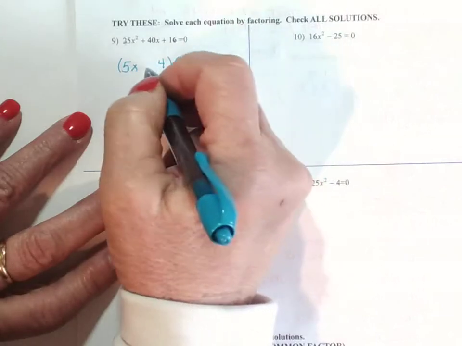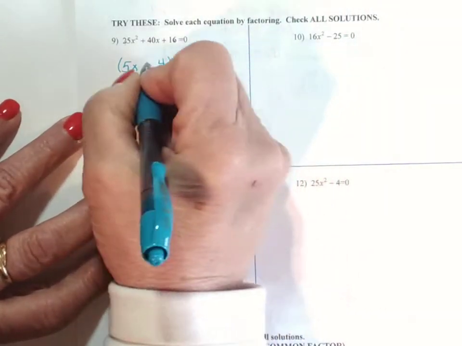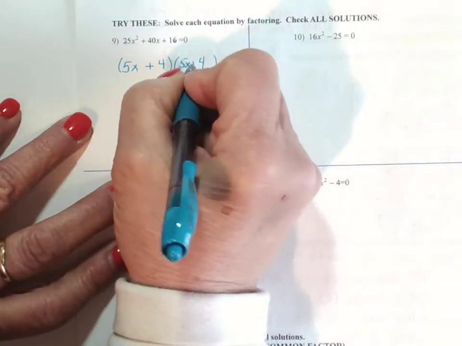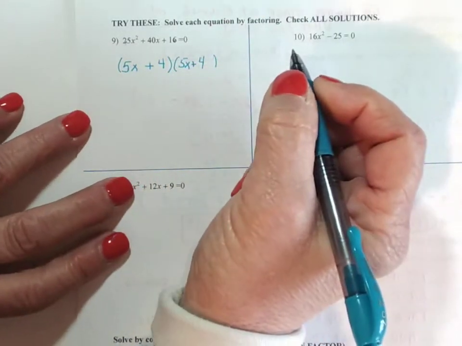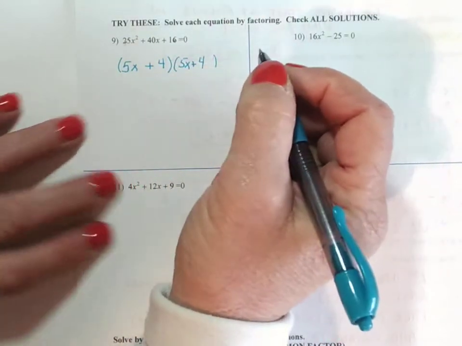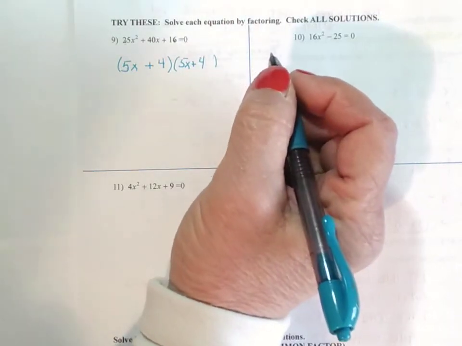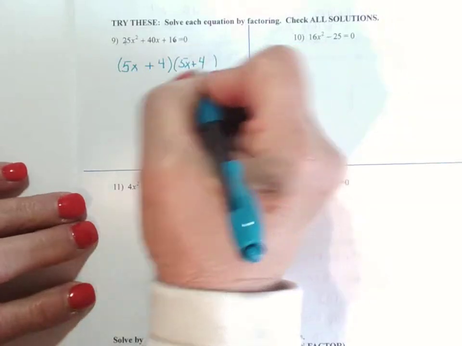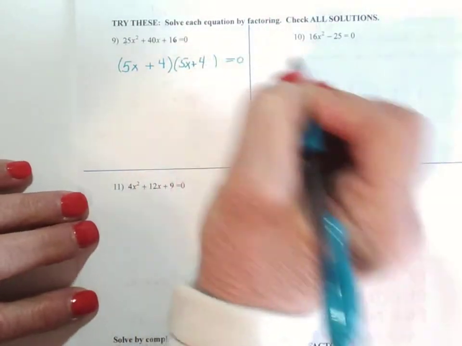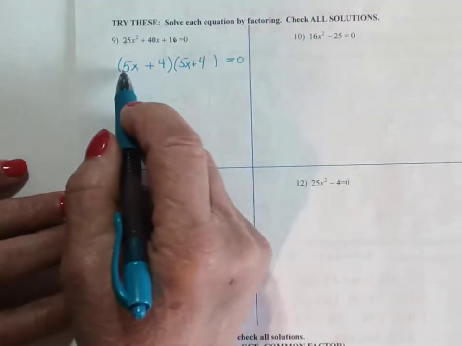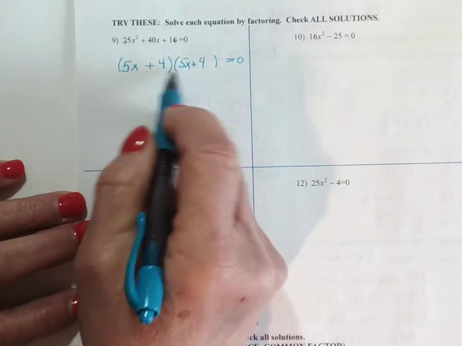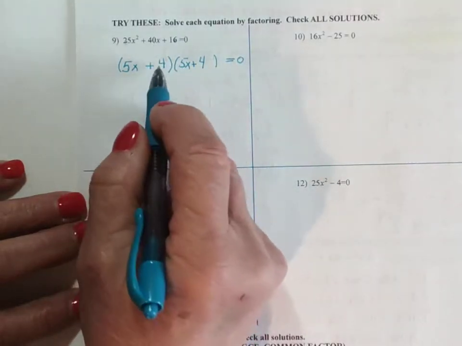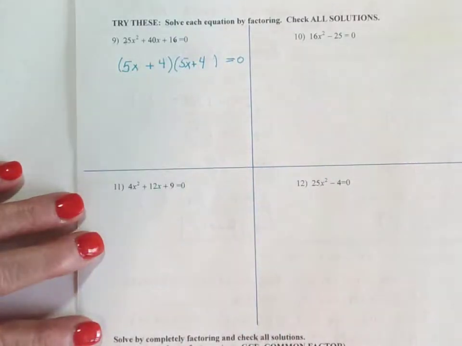And the signs have to be positive. All right. So here we go. 25x squared, 20x and 20x is 40x. 4 times 4 is 16.